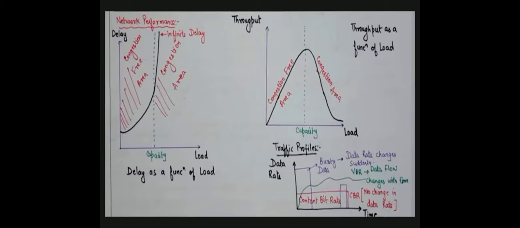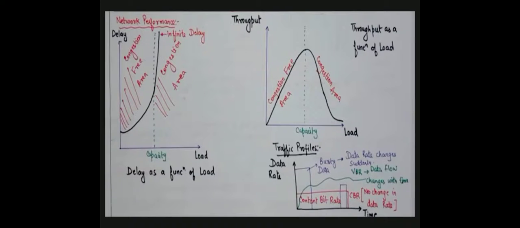See how we are going to avoid this congestion. We have to find out the performance. What is meant by performance? Here we have to find out the network performance. First we will draw a diagram for load and throughput.